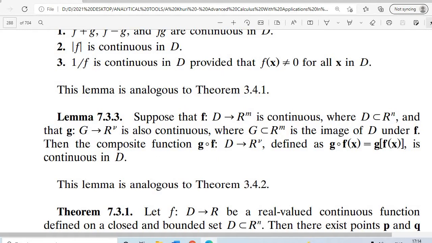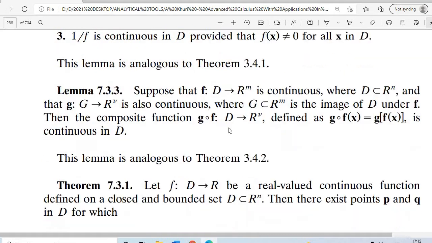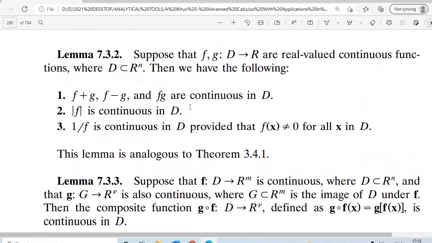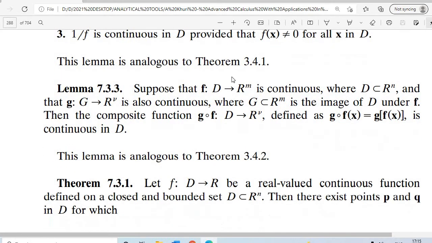Then the composite function g composition f of x, g of f of x, from D to Rv is continuous in D. So the composite function is also continuous. You can see the Bartle result.